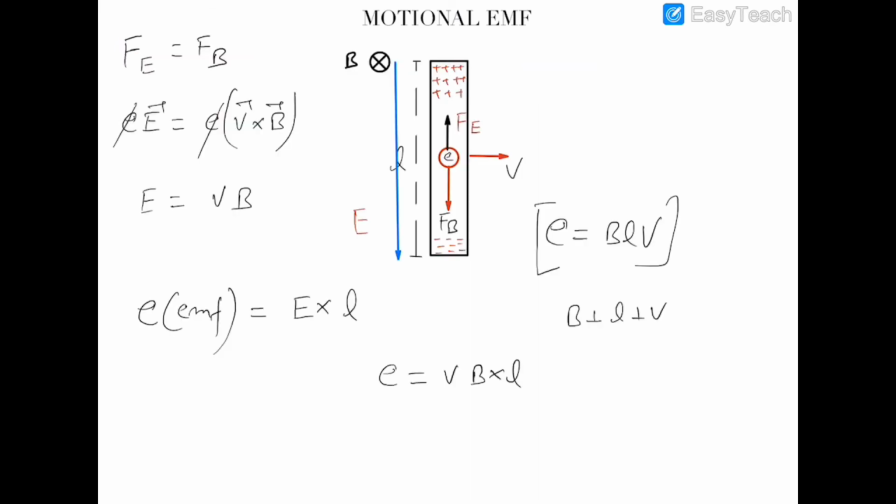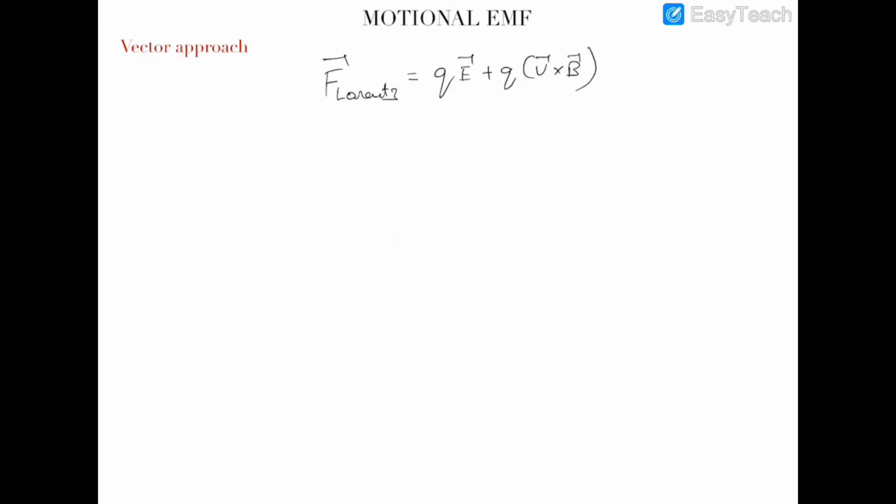Now, as we have already discussed, when some conductor is moving in a perpendicular magnetic field, then an electric field is also induced in that conductor, and the free charge inside that conductor will experience both electric and magnetic forces.